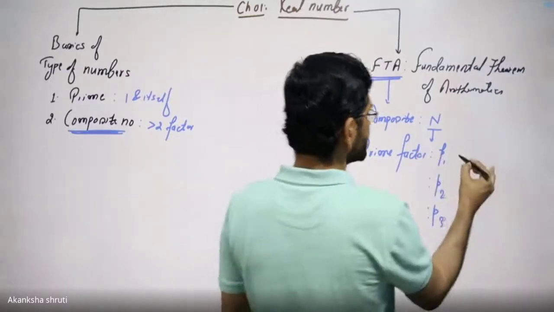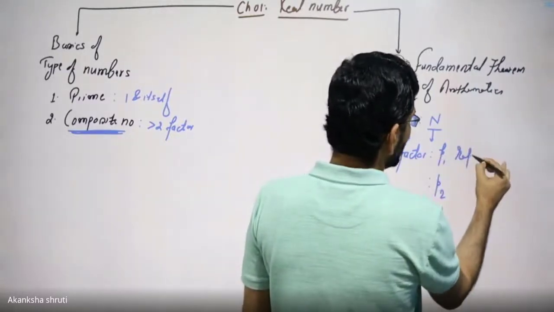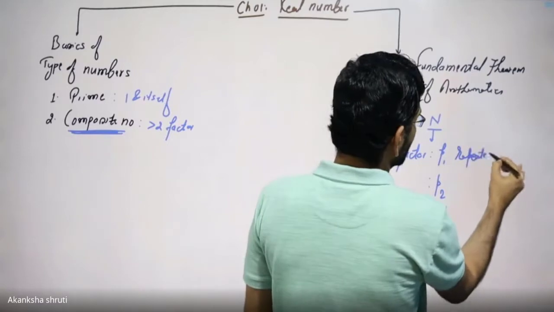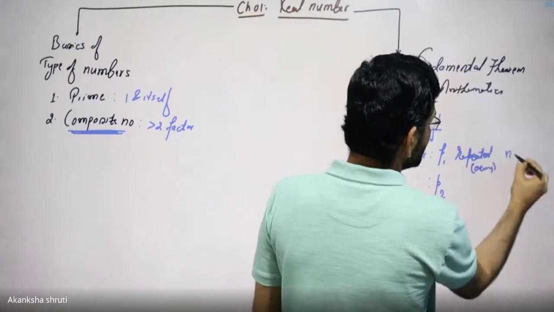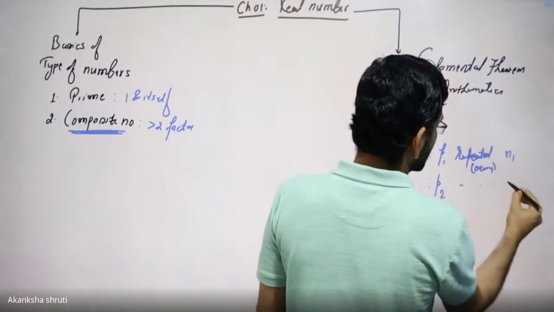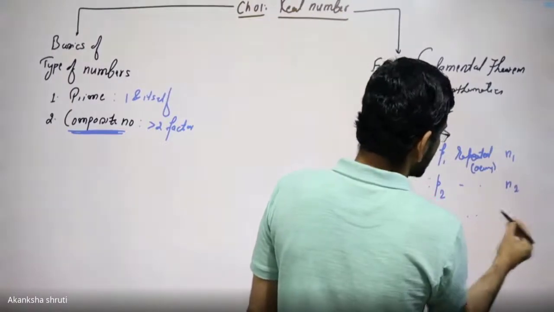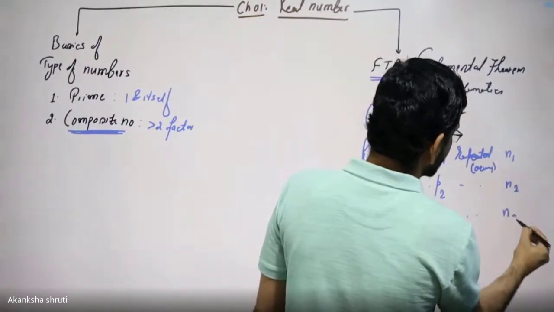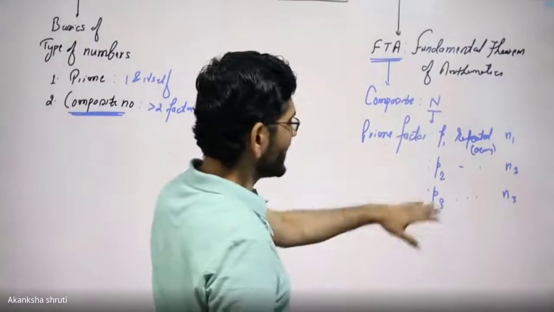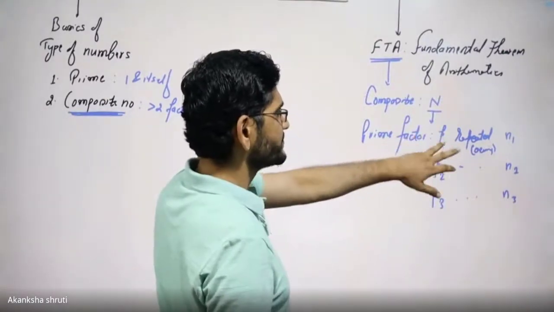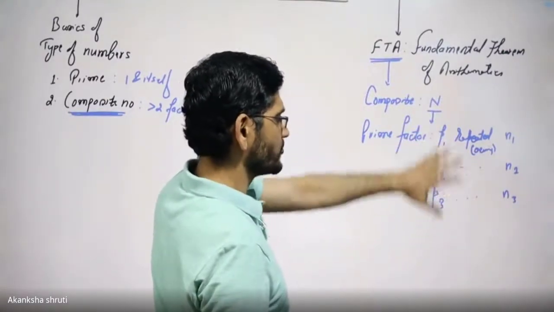Let us consider P1 is repeated, meaning occurring n1 times. P2 may occur n2 times, and P3 may occur n3 times. There could be any number of factors, maybe only these 2 factors or more than 2 factors.